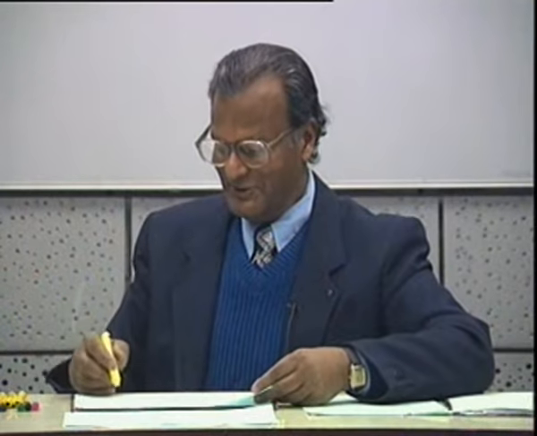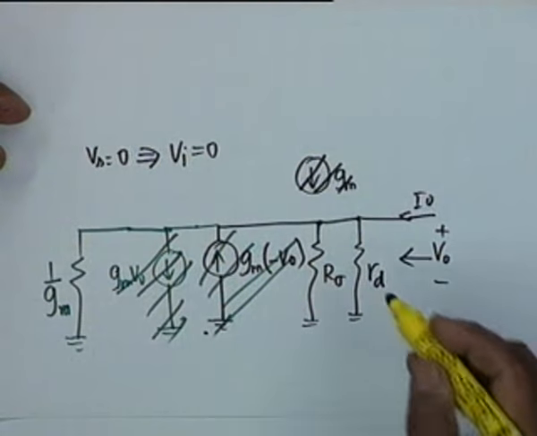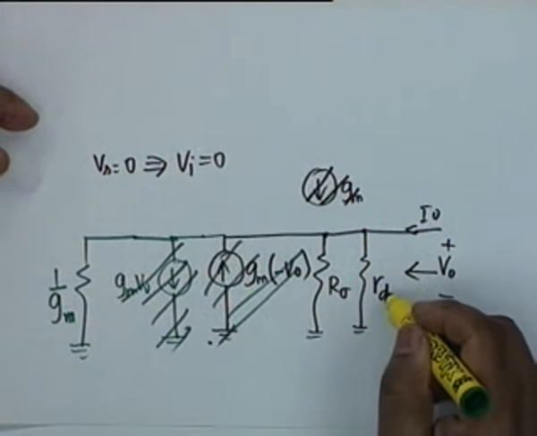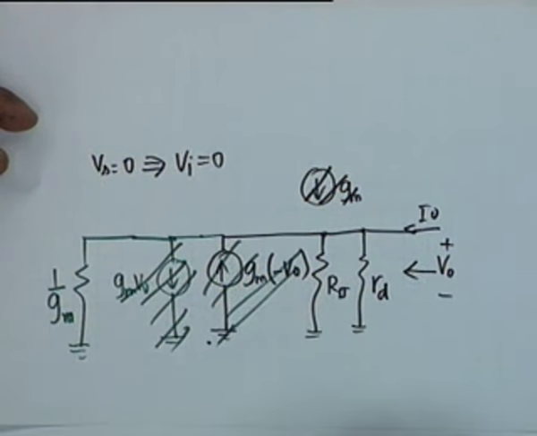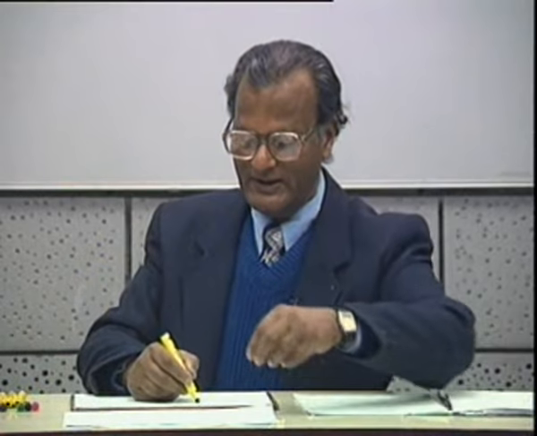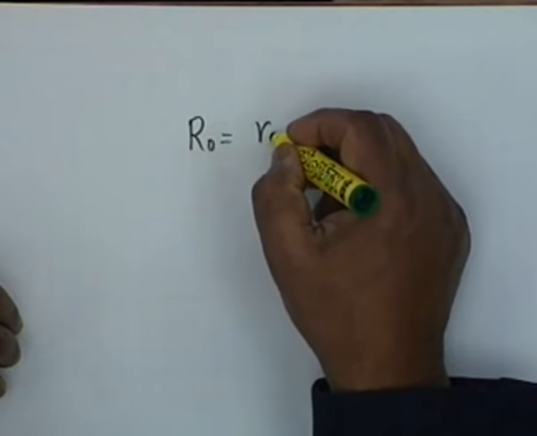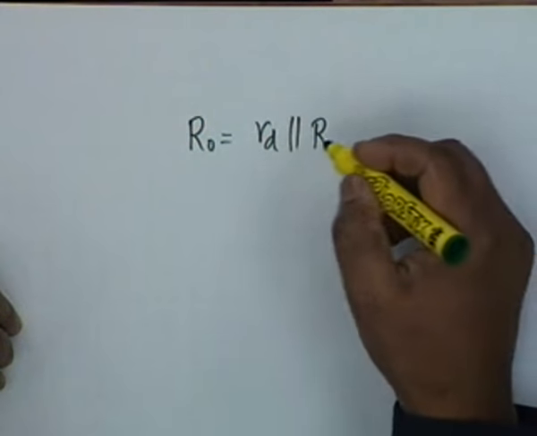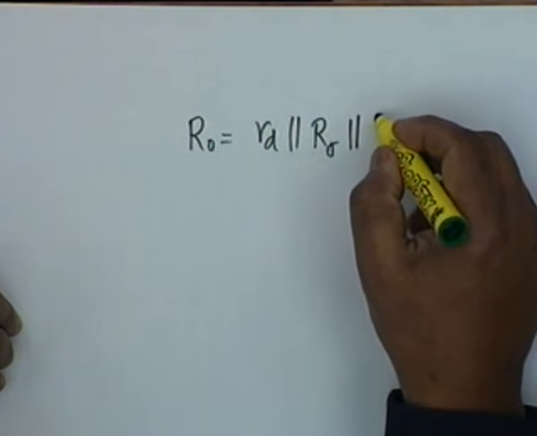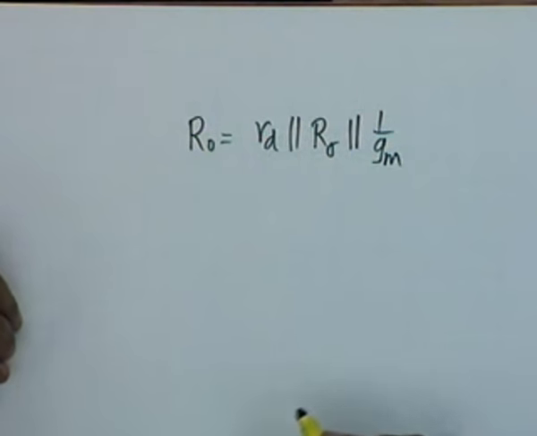But if you look from here, isn't it clear that the output resistance will be simply the parallel combination of RD, R sigma and 1 by Gm? Agreed? Without any further calculation, I write R0 equal to RD parallel R sigma parallel 1 by Gm. Okay, and our calculations are complete.